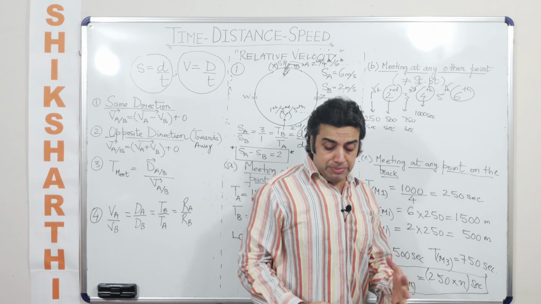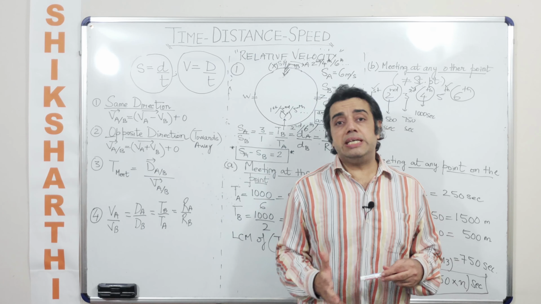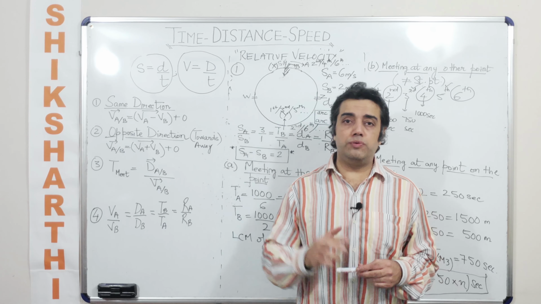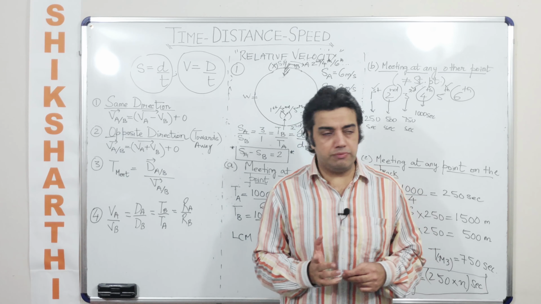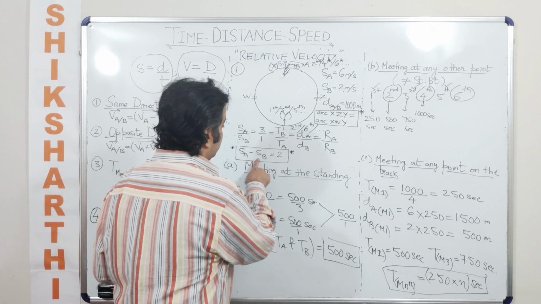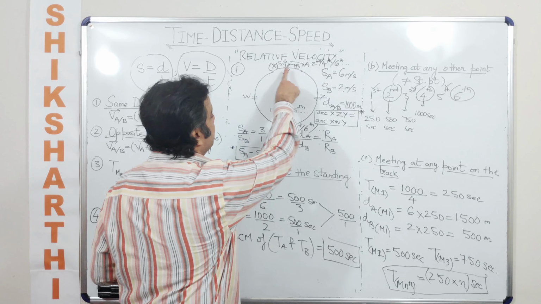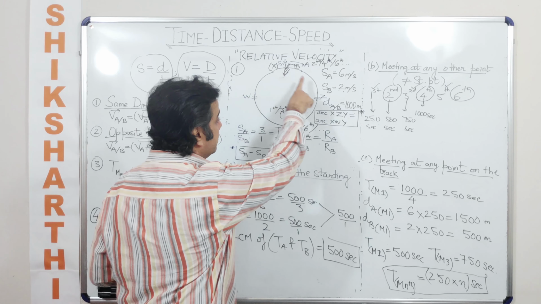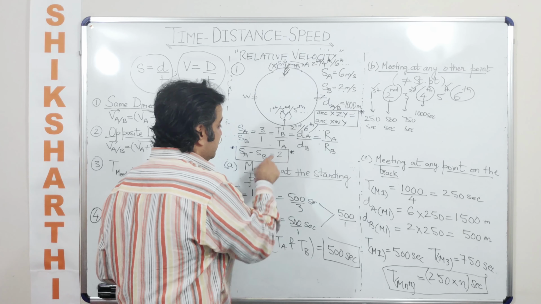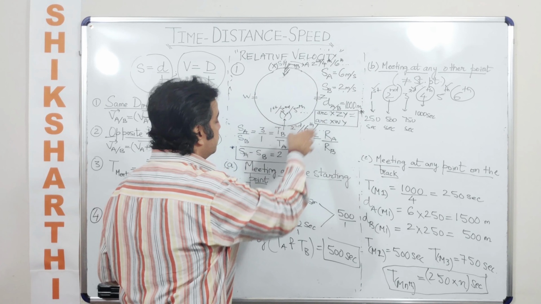So ultimately, you need to understand that when they are moving in the same direction, you will first convert the ratios into the simplest form, which we have done here. Then you will subtract those ratios, and the figure that you get from the subtraction, you will divide the circle into that many congruent parts. Once you have done that, it becomes easier for you to see how many times they would be meeting.